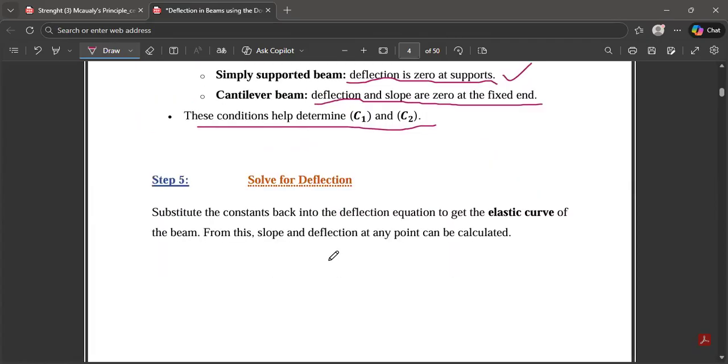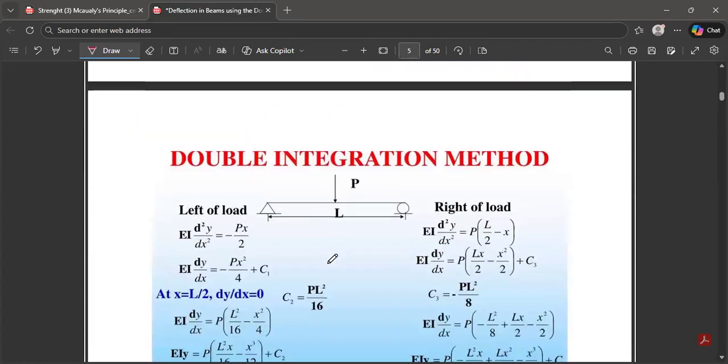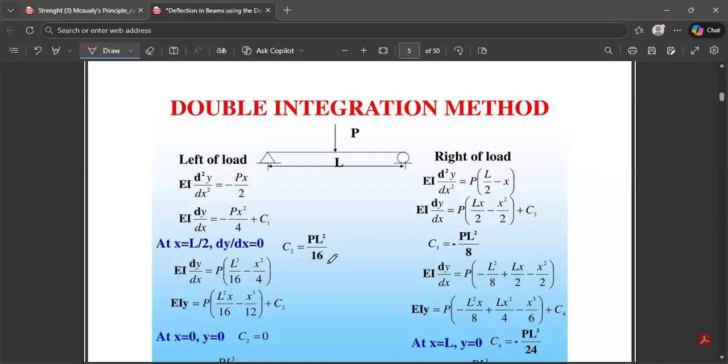Okay. Exactly. So let's take a look at this chart. This is a double integration method, which is being used to calculate for, let me say, a simply supported beam loaded at midspan. So for the left of the load, you see, this is the left of the load, and you can see that this is also the right of the load. Okay. So the calculations have been done for each respectively.